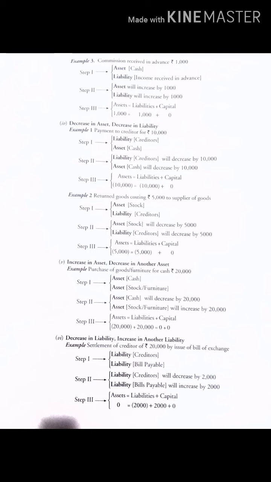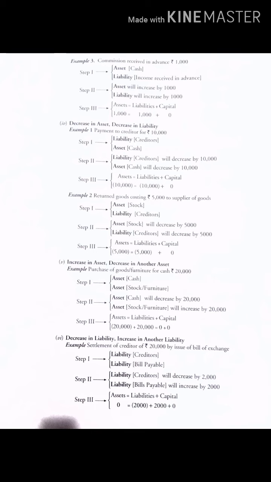Cash is an asset. Next, do remember, any cash which we receive in advance beforehand, that part is our liability. So any income received in advance is a liability. So the next variable it is touching is liability.